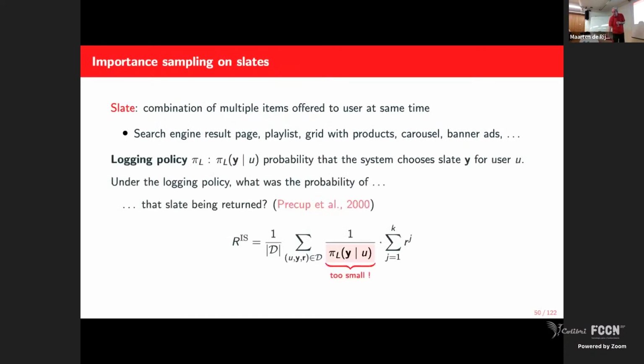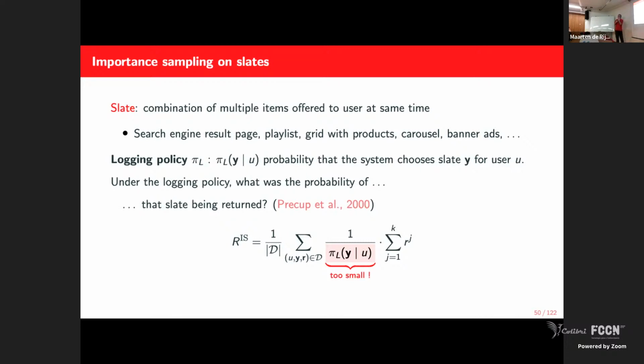Now, this idea of importance sampling, so reweighing some of our observations, becomes particularly interesting when we look not at individual items, but at slates. So combinations of multiple items. In grocery shopping it could be a basket, on Spotify it could be a playlist, on the search engine it could be the SERP, and in a movie setting it could be a carousel of multiple movies.